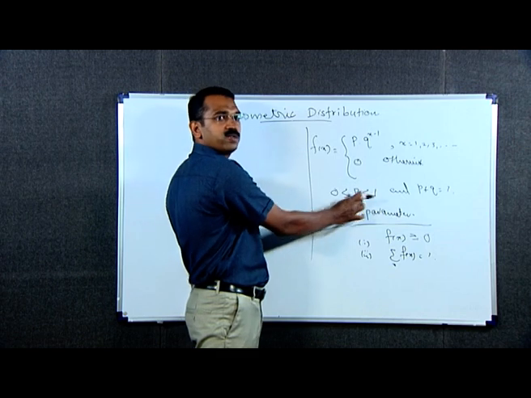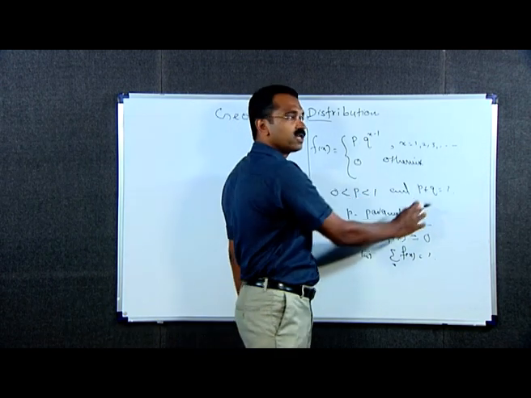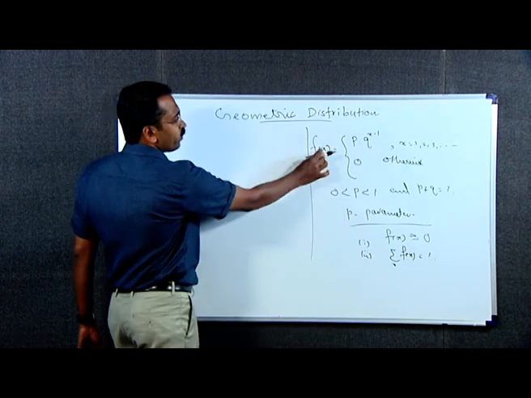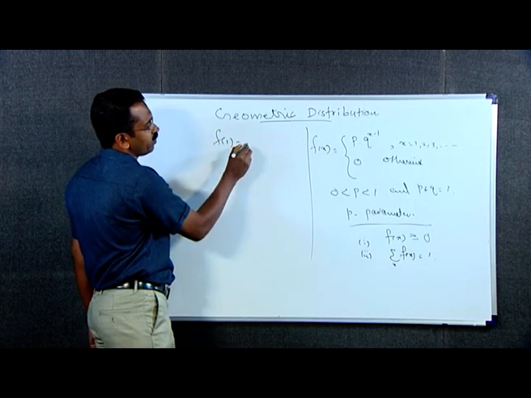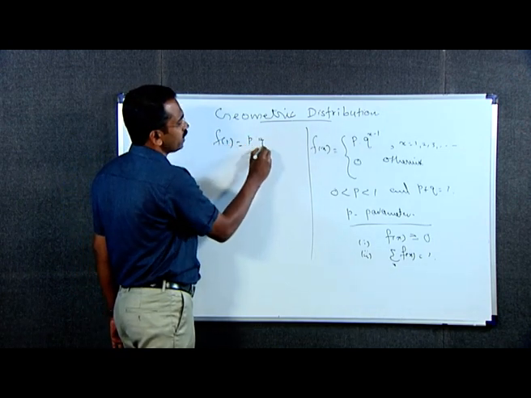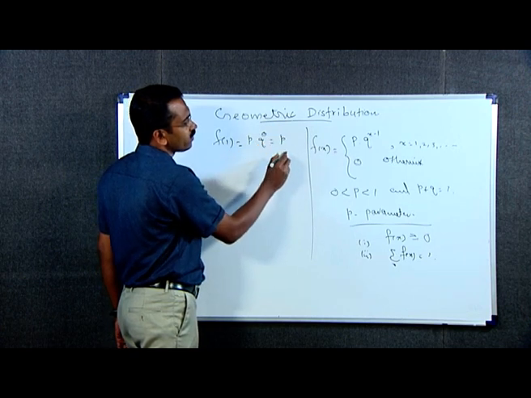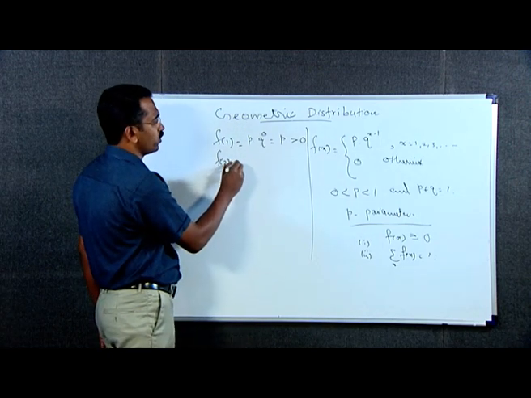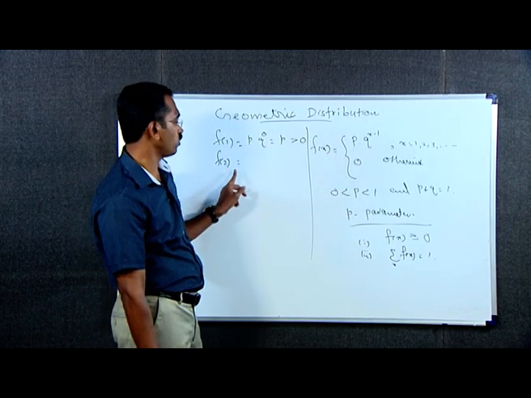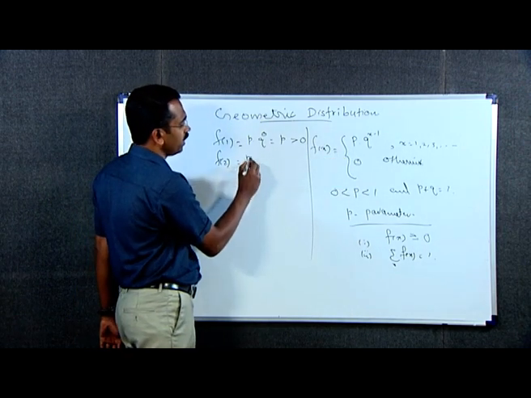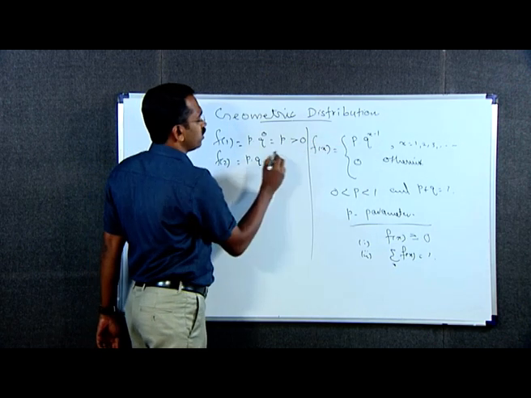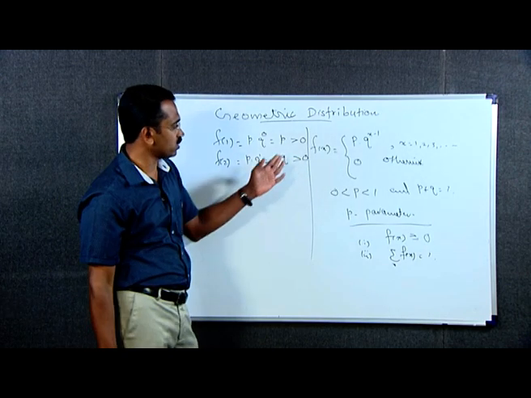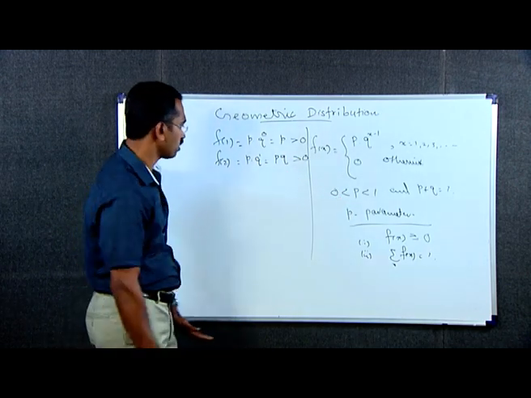Here p lying between 0 and 1 and p plus q equal to 1 means q is also lying between 0 and 1. If we put x equal to 1, we get f of 1 equal to p into q raised to 0, that is equal to p, which is greater than 0. If we put x equal to 2, we get f of 2 equal to p into q raised to 2 minus 1, that is pq, which is also greater than 0 because p and q are between 0 and 1.